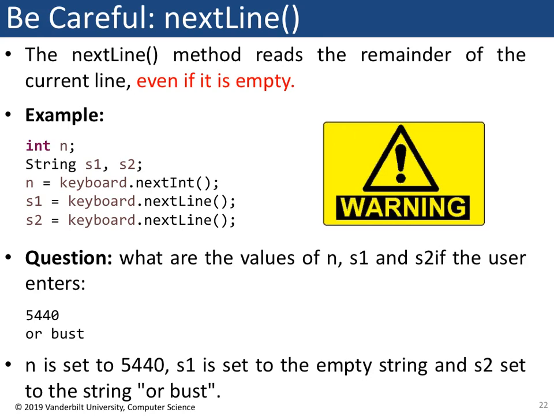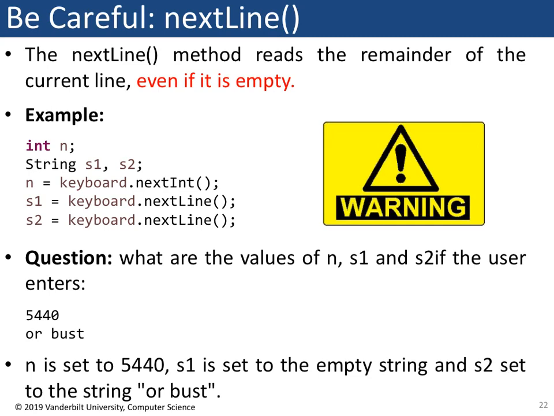So in that case, S1 is going to contain an empty string. Then in the following nextLine method call, we will read "or bust" and stop at the carriage return. So this has, at this point, removed everything from the input stream.